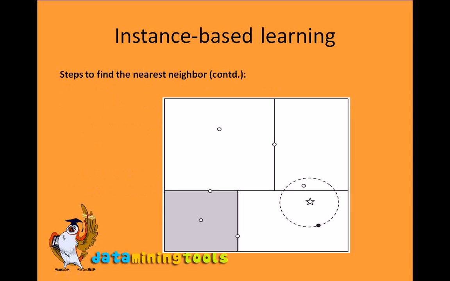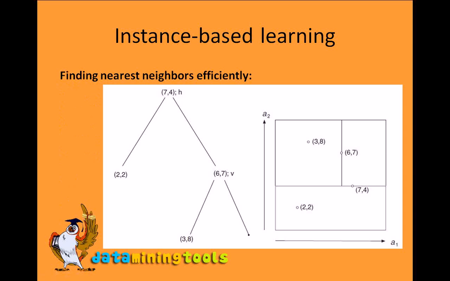So if we come to the decision tree which we saw over here, in the beginning we have all these instances: 7 comma 4, 2 comma 2, 6 comma 7 and 3 comma 8. What we do is calculate the variance along this axis and along this axis, and based on the axis which has the maximum or higher or lower variance, we do the division. Over here we do the division along this axis.